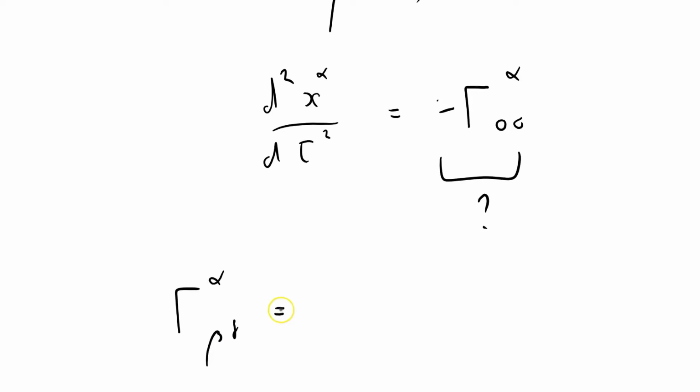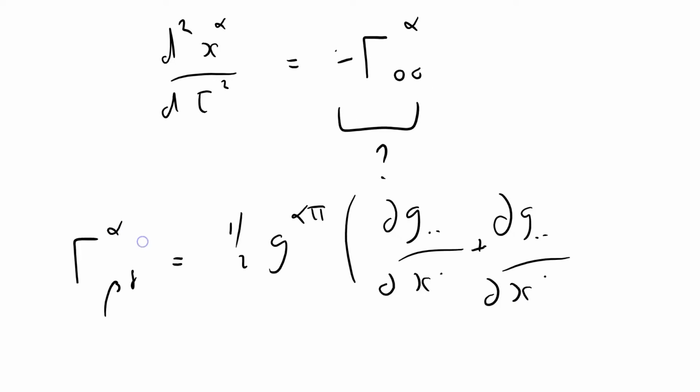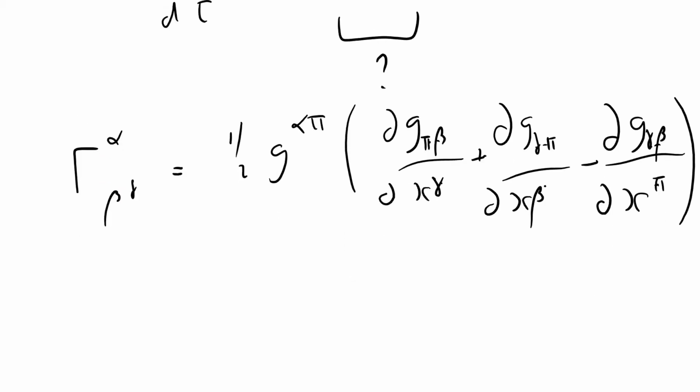The Christoffel symbol alpha beta gamma equals, from the definition, g alpha pi times the sum of di g pi beta by di x gamma plus di g pi gamma by di x beta minus di g beta gamma by di x pi. The pi sums on the first, it sums on the second, it sums on the bottom. What have we got left? We've got beta and gamma. Now, because we're in the linear regime, I may as well consider the flat space metric, eta.